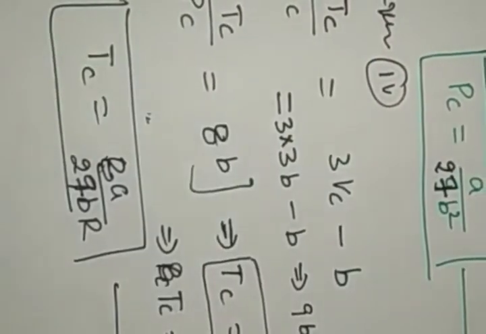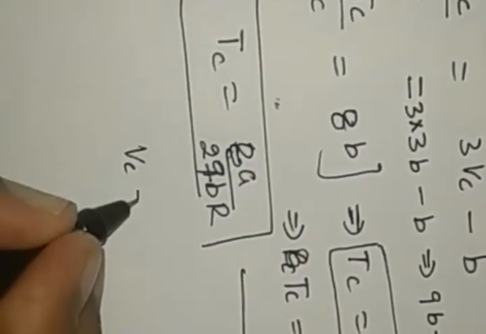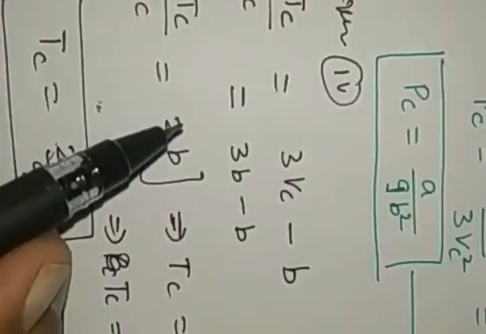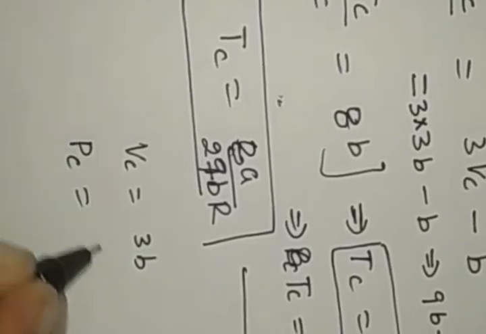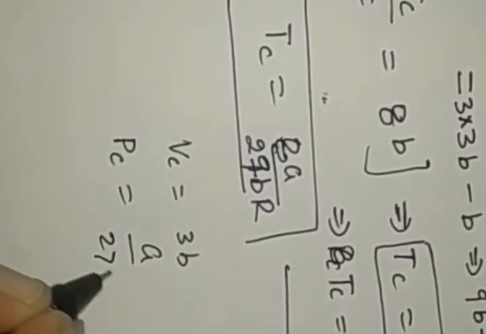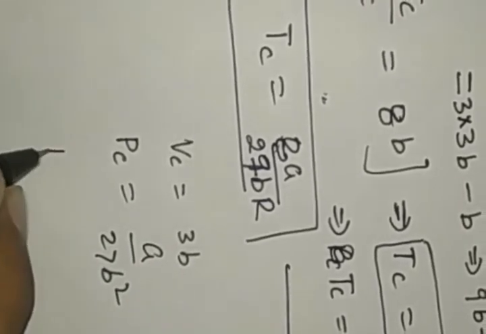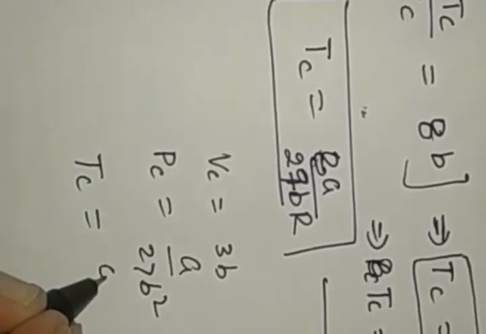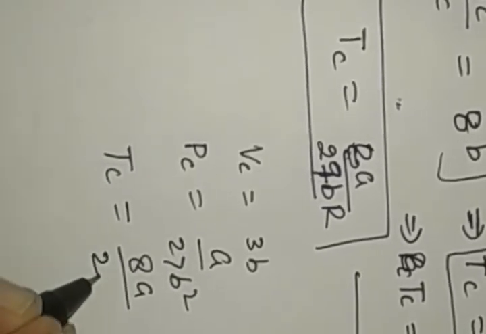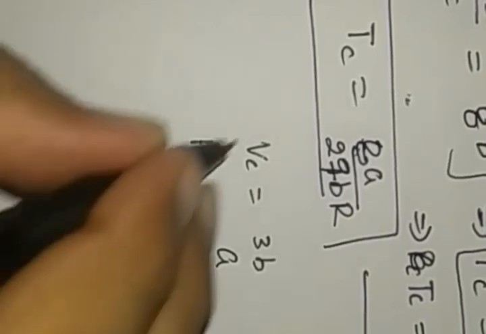So we have 3 values available. Vc is equal to 3B, Pc is equal to A by 27B square and Tc is equal to 8A by 27BR.